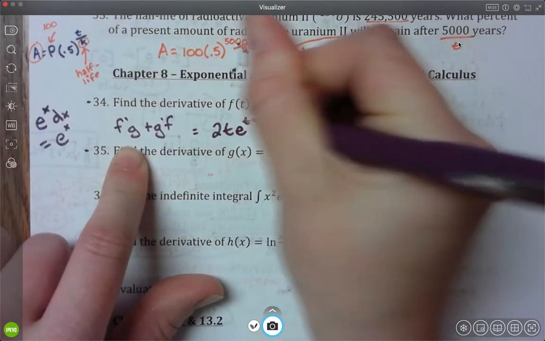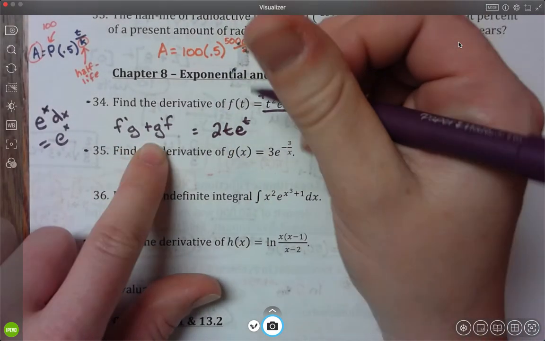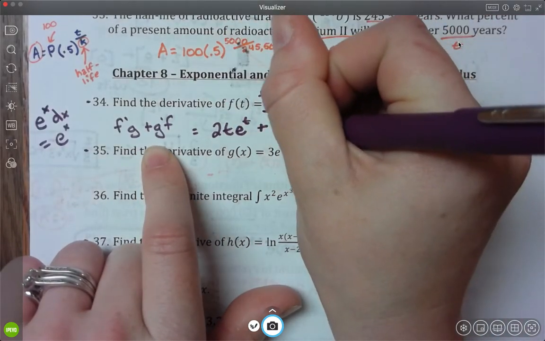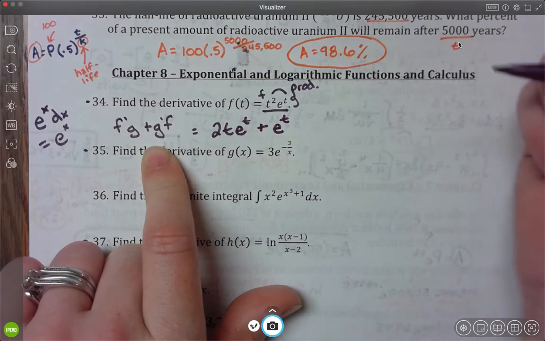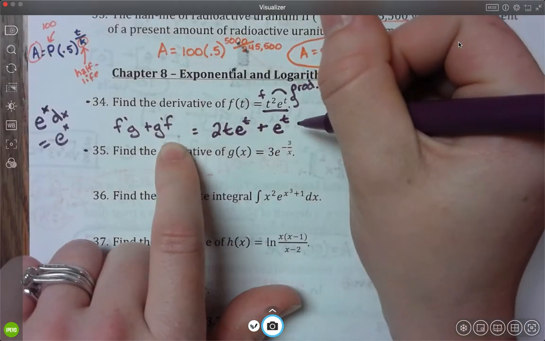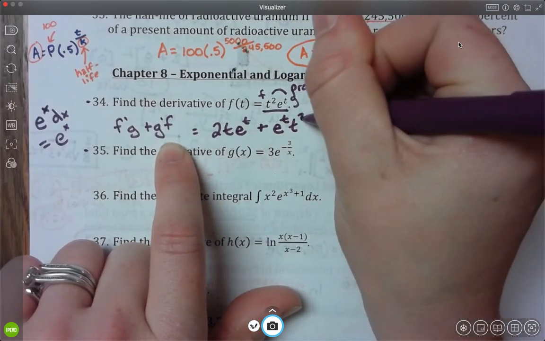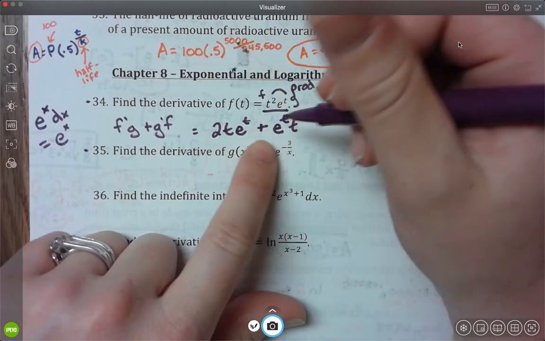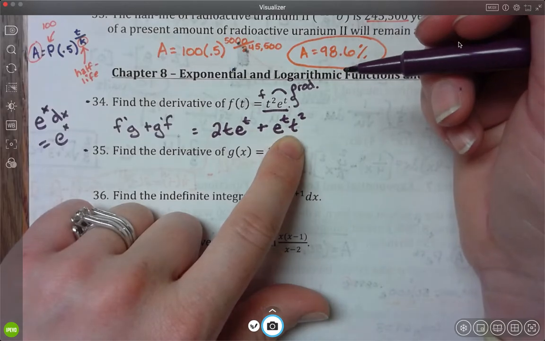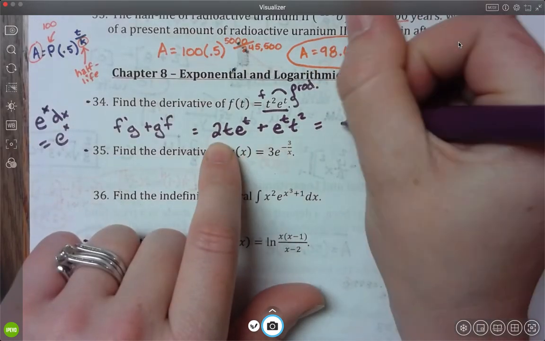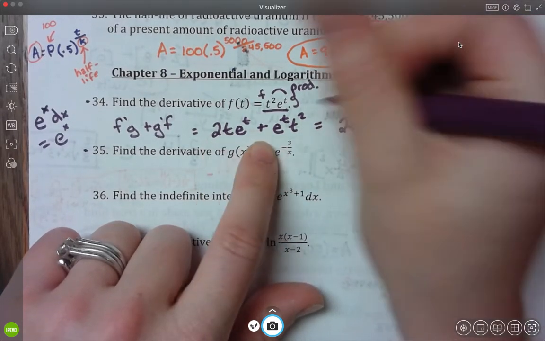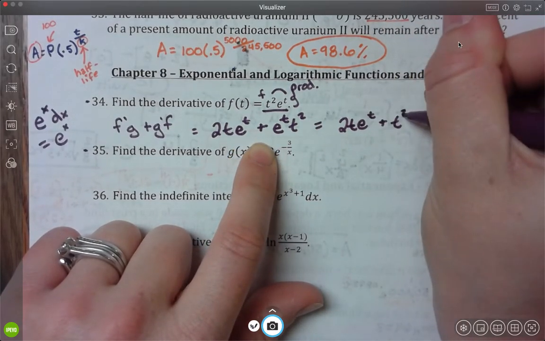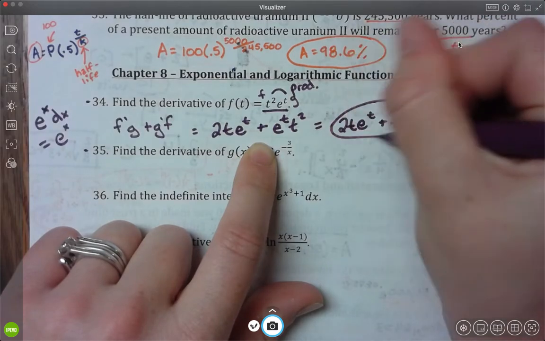And then I have plus g prime, which is the derivative of e to the t, which we said was just still e to the t, times f, which is t squared. I can't put those together because this one is a t and this one is a t squared. What I could do is put my t's first, so 2t e to the t plus t squared e to the t. That's what it will be as my derivative.